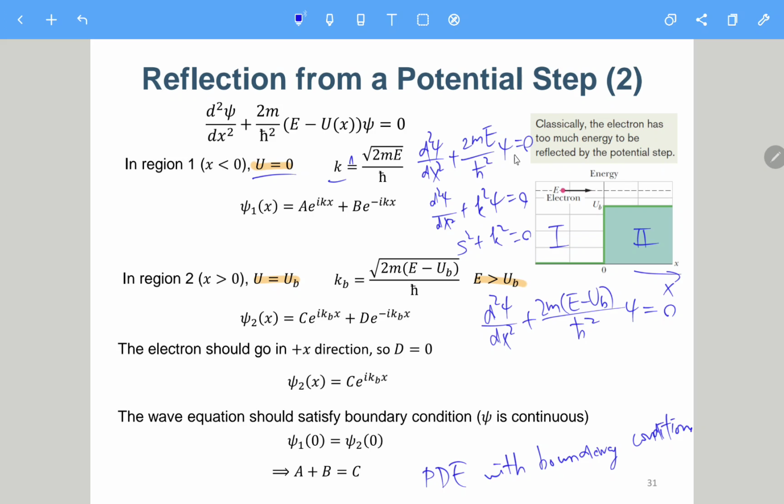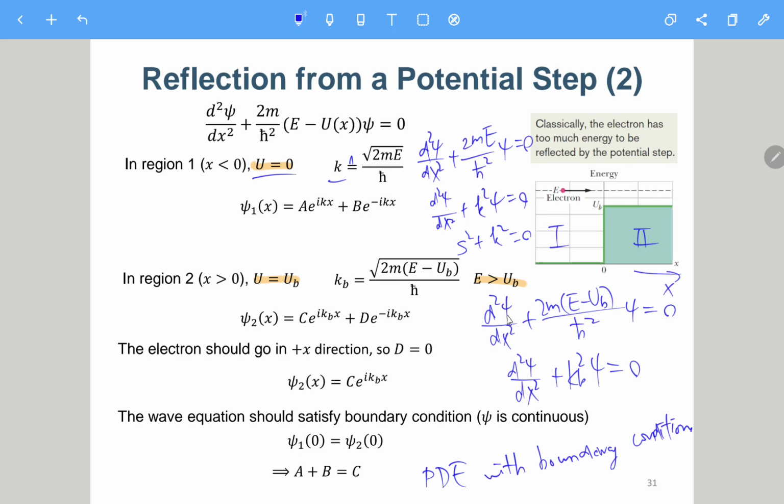So this one and the previous one differ only by this: this is E minus ub. So here we define kb equals square root of 2m multiplied by E minus ub, all over h bar. Now it becomes d2 phi dx2 plus kb square times phi equals 0.